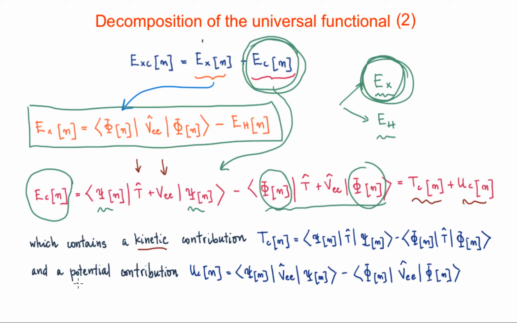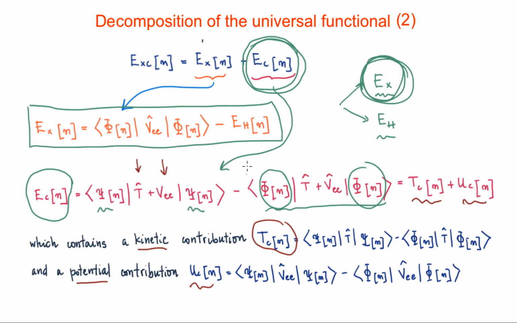The kinetic contribution is the difference between the average of the kinetic energy when you consider the exact wave function of the real system, minus the average of the kinetic energy when you consider the Kohn-Sham wave function of this fictitious non-interacting system. And again, the potential contribution to the correlation energy is the difference between the electron-electron potential energy when you consider the exact wave function, minus the average of the electron-electron potential energy when you consider this Kohn-Sham wave function.